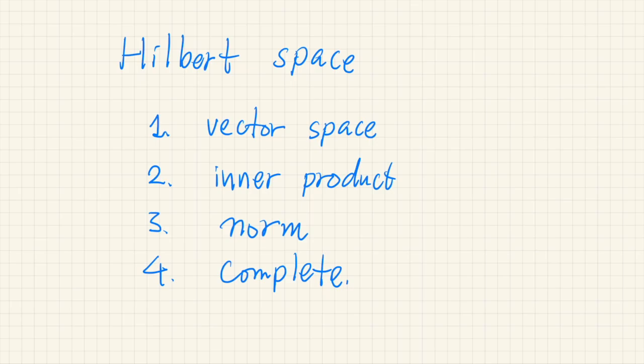Okay, let's start. First of all, a Hilbert space is a vector space. So that means it is a set with vector addition and scalar multiplication. So let's review that. Let's say H is a Hilbert space.